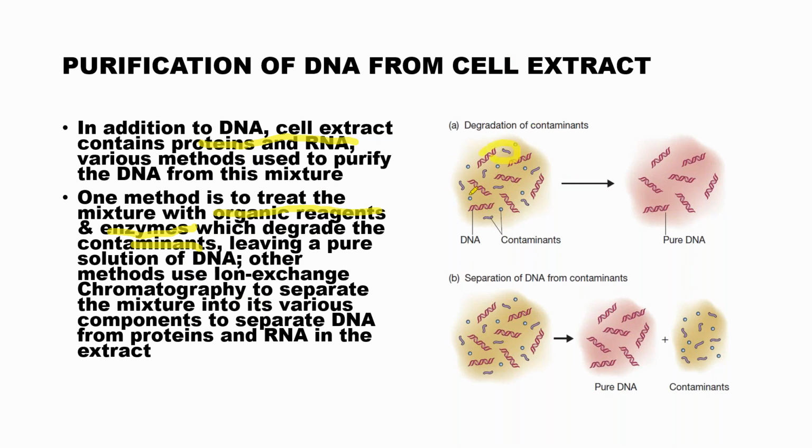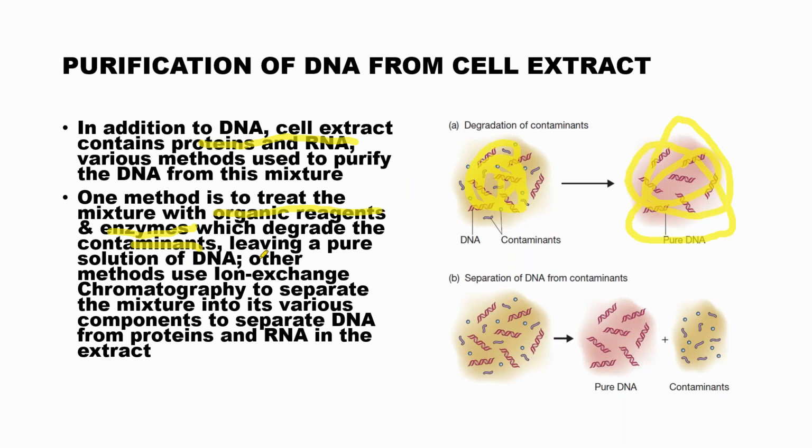This is DNA with contaminant. Keep in mind, contaminant is RNA plus protein. So we are adding some specific organic reagents and enzymes. What happens? It will degrade our contaminants. That is, one enzyme will degrade protein, another will degrade RNA, so they can be removed in the subsequent step, and finally you will get a pure DNA solution.